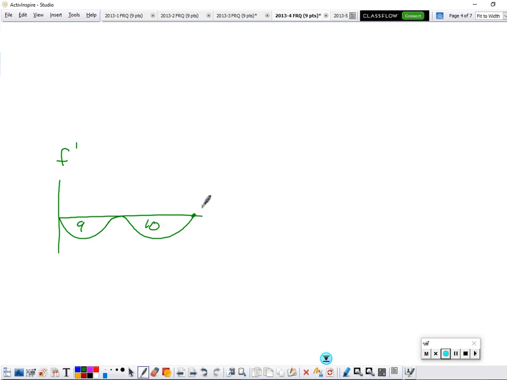This is, say, 5. The integral from 0 to 5 of f prime is equal to negative 19. Is that what you meant? Yeah. Awesome. Next one.